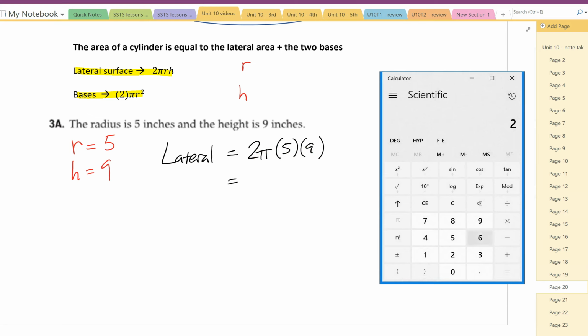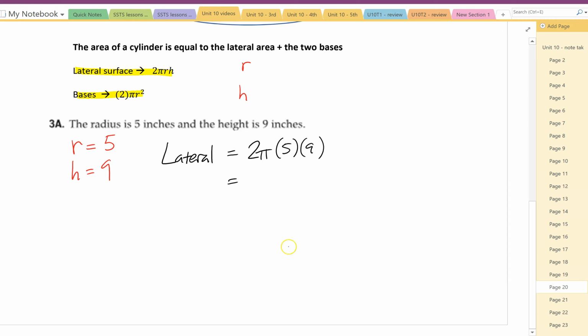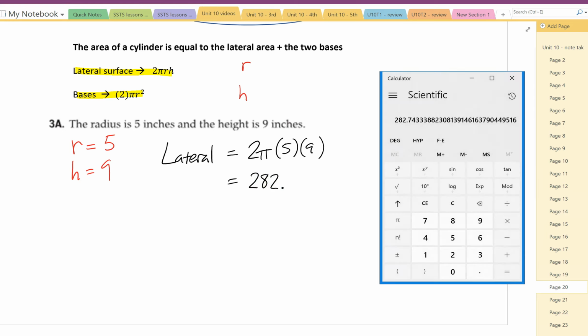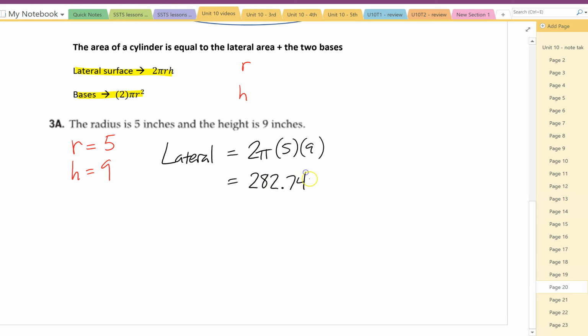I'm just going to go 2 times pi times 5 times 9. So the lateral surface of this cylinder is 282.74, and that's in square inches.